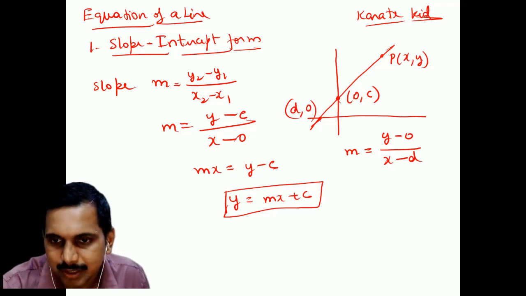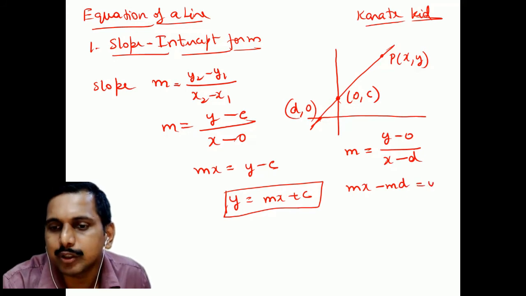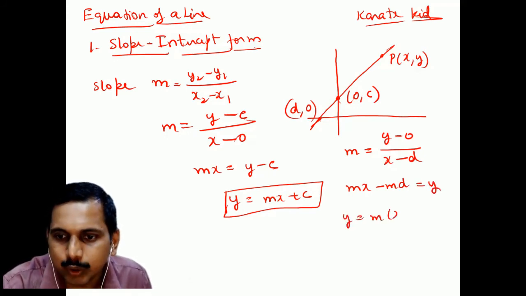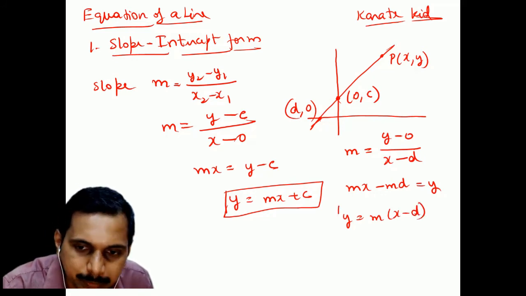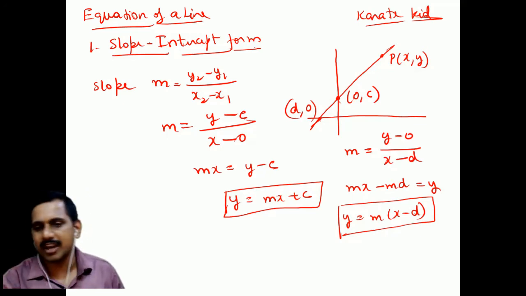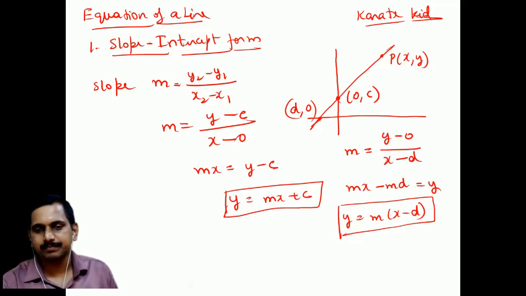So mx minus md is equal to y. So y is equal to m into x minus d would be the equation. Is it clear, students? Two ways of writing the slope intercept form.